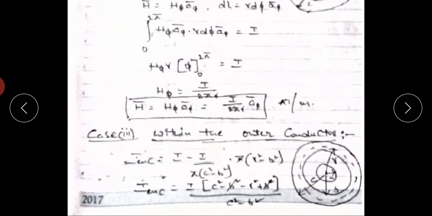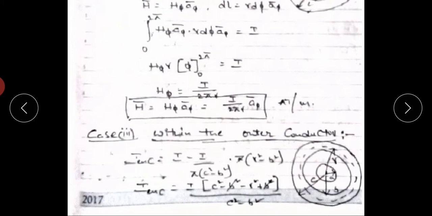Here the current enclosed by the ampere path equals the inner conductor current value, I, plus the part of the outer conductor current from B to R. The outer conductor current equals minus I, divided by the outer conductor area, which equals π(C² − B²).